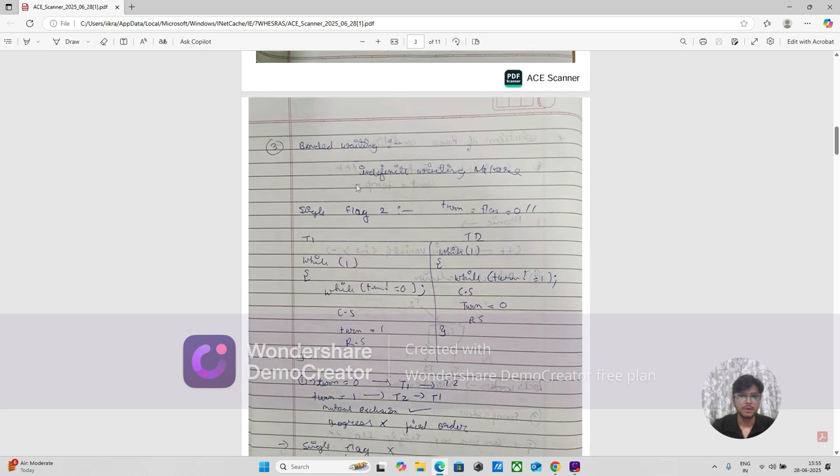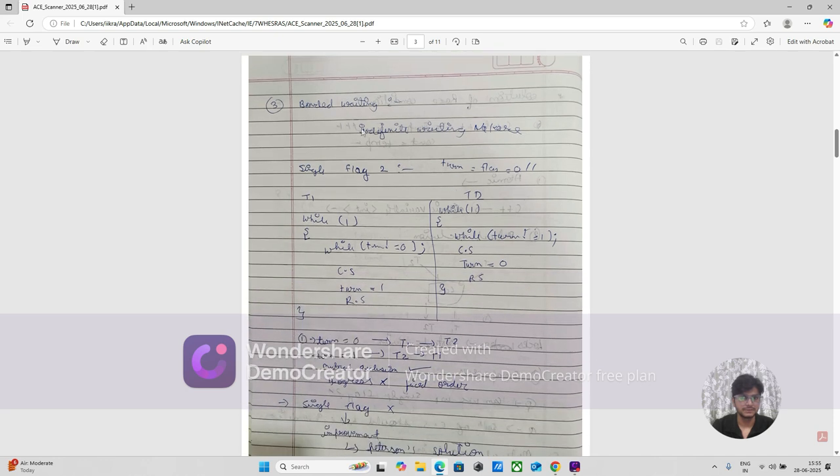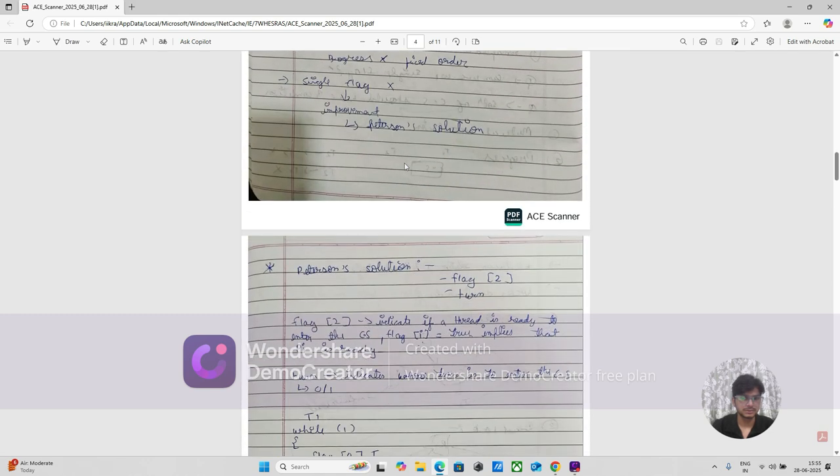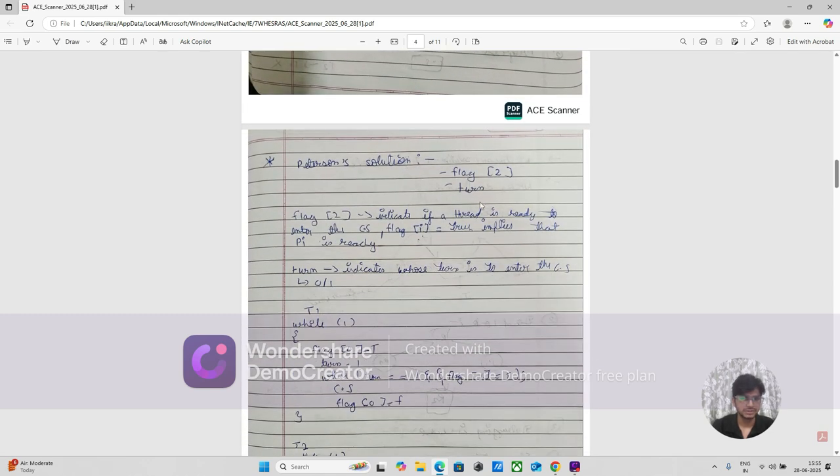Okay, bounded waiting: if you see, infinite waiting will happen with a single flag. That's why you can use two flags, like in Peterson's solution. In Peterson's solution you use two flags.